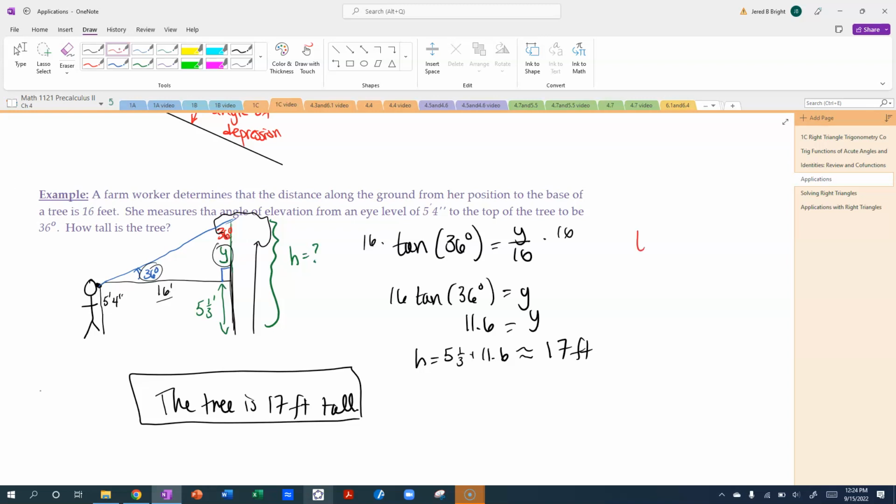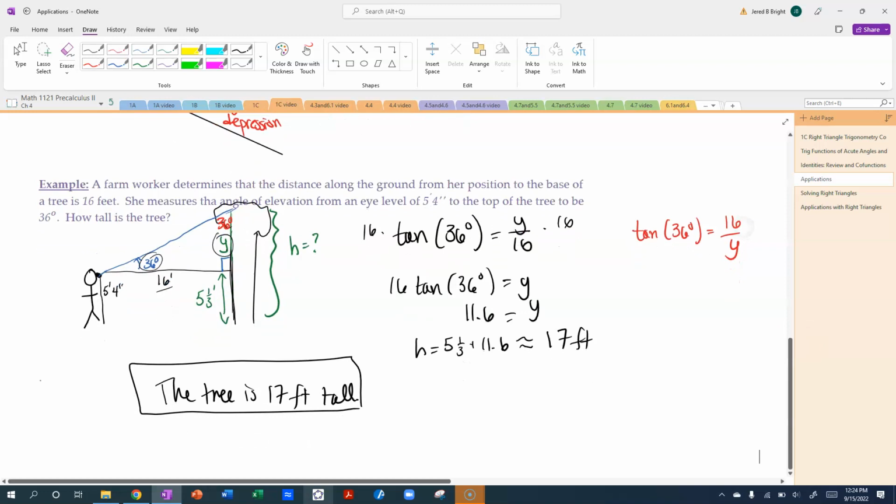But if you do tangent at 36 degrees there, you'll have to set it up like the reciprocal. So actually what you're using is not tangent, but cotangent. Cotangent would yield the same result, but you'd solve it differently: multiply by y, multiply by y.